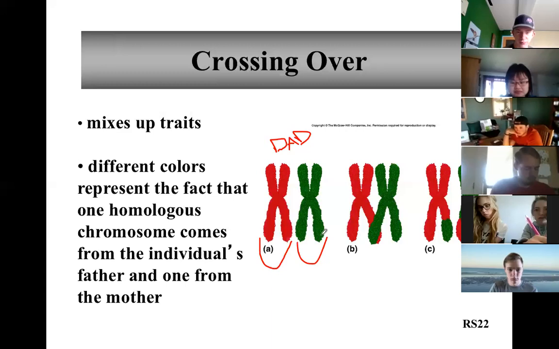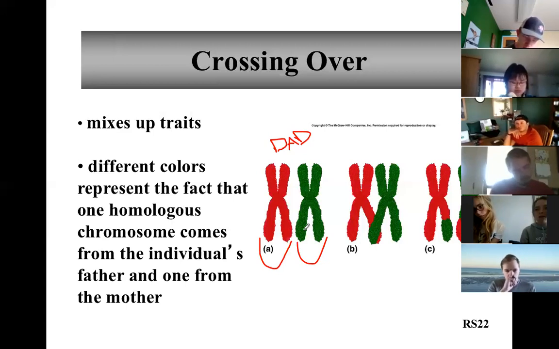So it would stand to reason that when dad goes through meiosis to make sperm cells, you have a chance of getting grandma's chromosome 1 or grandpa's chromosome 1. Kind of makes sense? They split up all the way down. So you might have grandma's chromosome 1, grandpa's chromosome 2, grandma's chromosome 3, grandpa's chromosomes 4 and 5. Now you do that randomly 23 times.